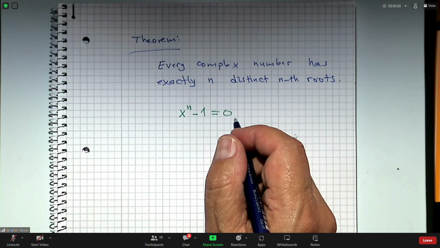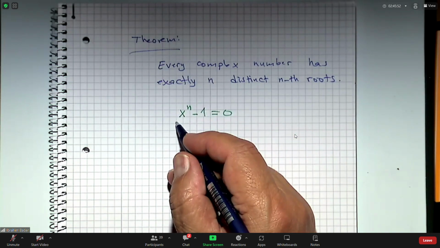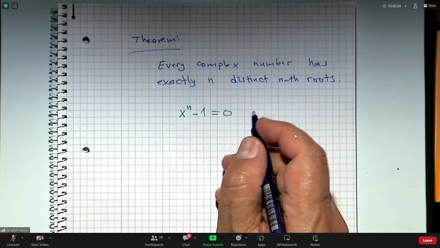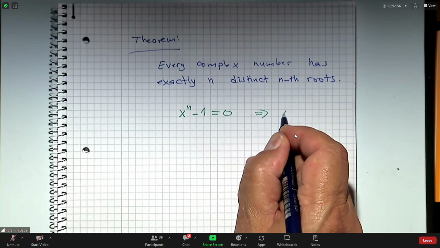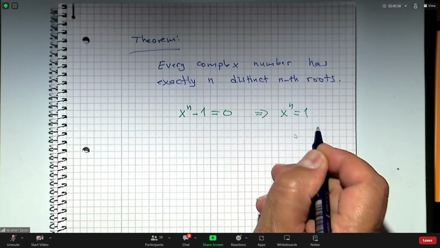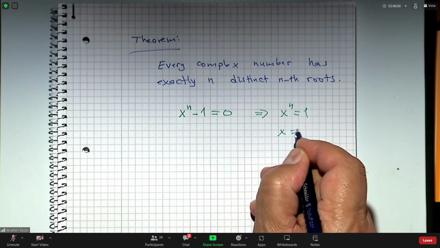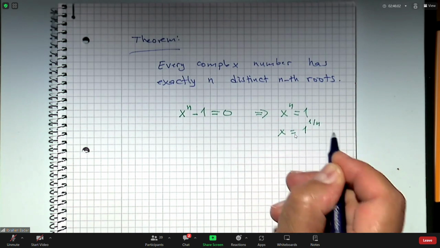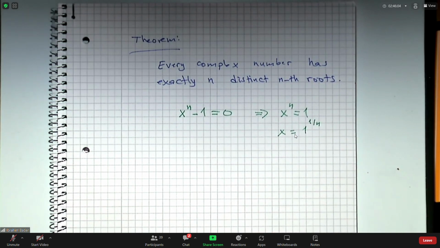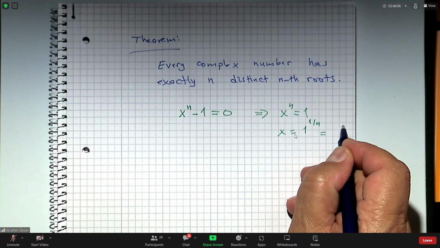I am finding n different values that satisfy this. So you can write x to the power n equals 1, or you can say x equals 1 to the power 1 over n, or the nth root.